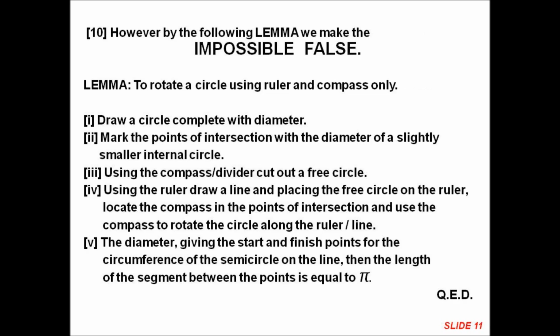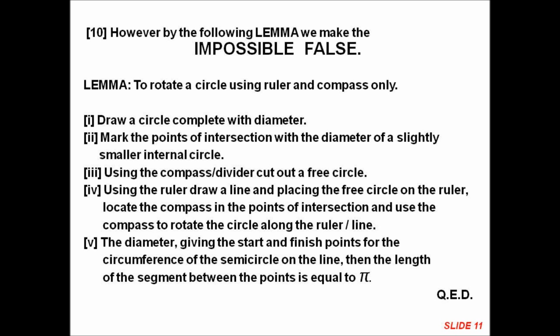Lemma. To rotate a circle using ruler and compass only. 1. Draw a circle complete with diameter. 2. Mark the points of intersection with the diameter of a slightly smaller internal circle. 3. Using the compass stroke divider, cut out a free circle. 4.